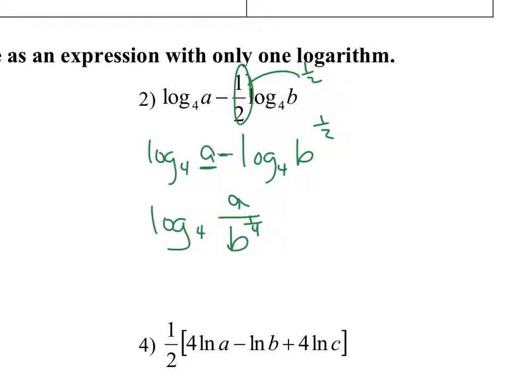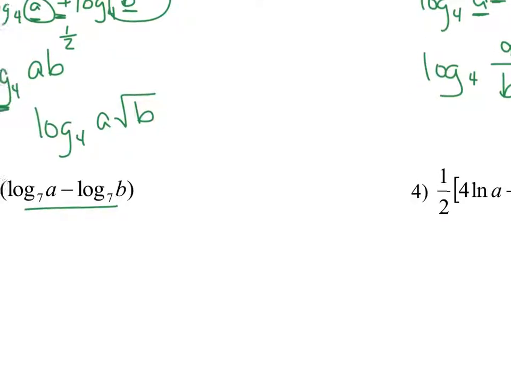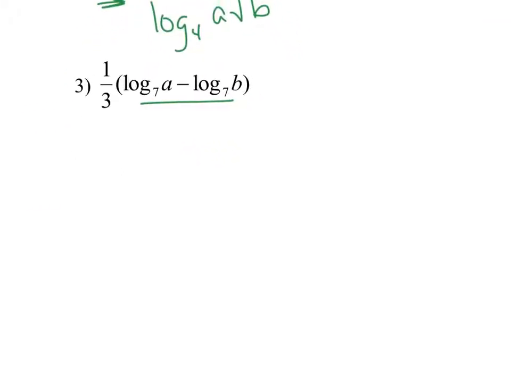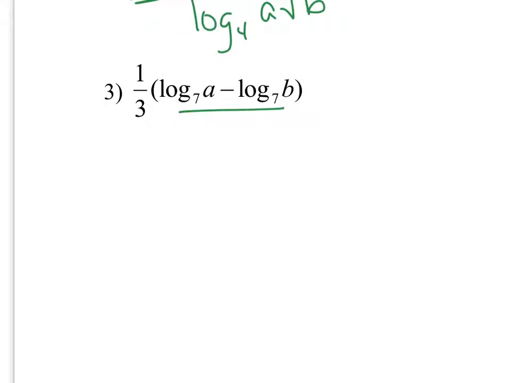Logs are exponents, so when we subtract, it's division. And I don't know where the 1/4 came from. It is an imaginary crazy number, so that should be 1/2. So this is written with radicals. Okay, with a problem like this, you should do what's inside the parentheses first.